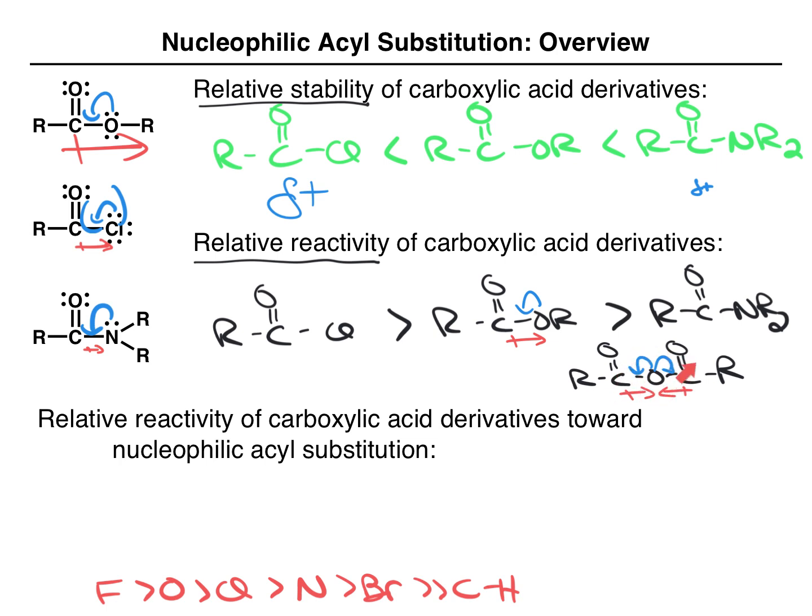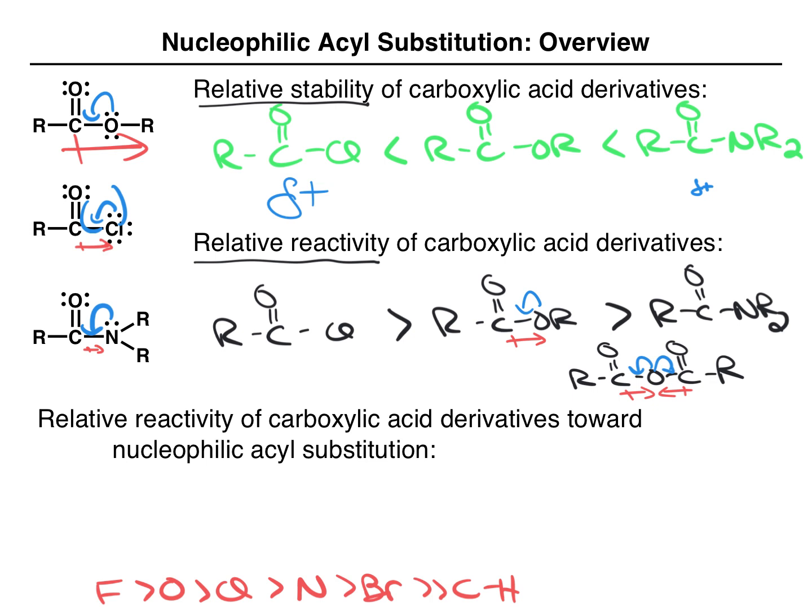But in the case of the anhydride, the electron releasing is more spread out because this oxygen has to share in both directions, which won't be as effective as this oxygen sharing in only one direction. So overall, this group is going to be more electron withdrawing than this group is.